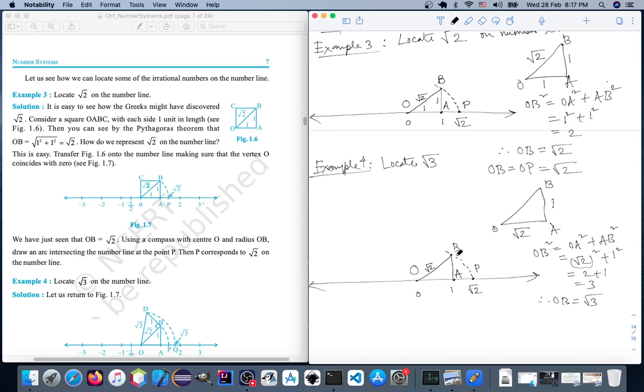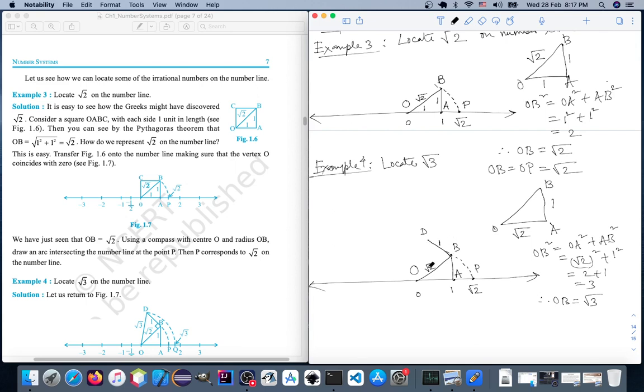Now we draw a perpendicular to the line OB at B, of unit length. So we draw a perpendicular DB at B to the line OB, so that DB is of length 1.